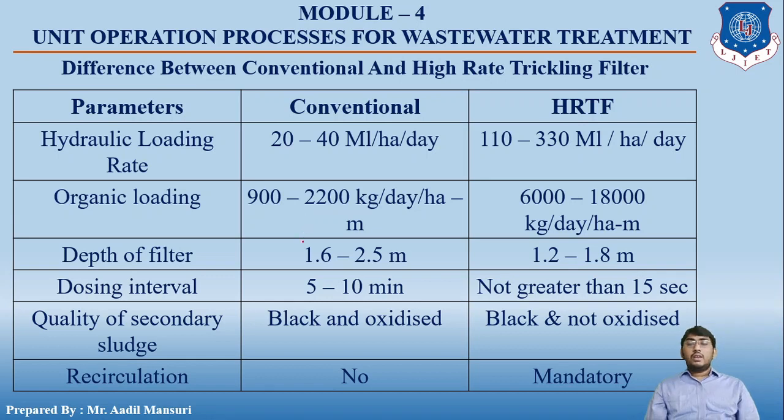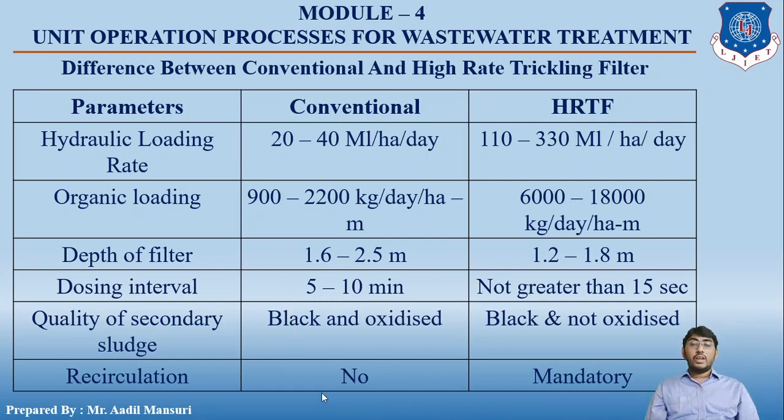Depth of a conventional trickling filter is between 1.6 meters to 2.5 meters, and that of high rate trickling filter is between 1.2 to 1.8 meters. Dosing interval is 5 to 10 minutes for conventional trickling filter, and it should not be greater than 15 seconds for high rate trickling filter.